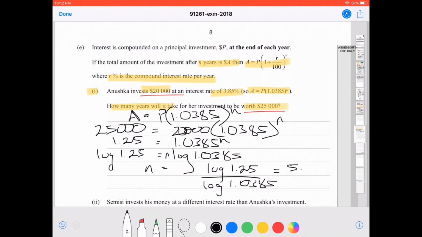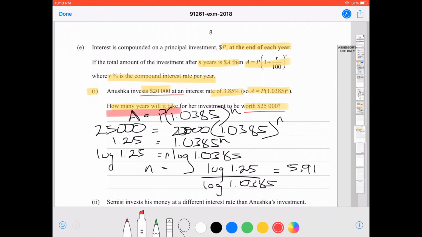I was just thinking about whether the answer made sense, but we're talking in years here, and yep, that's reasonable. 5.91 years. And it says at the start of the question, compounded on a principal investment at the end of each year. So we've got to be careful about saying 5.91 years. How many years will it take for your investment to be worth $25,000?